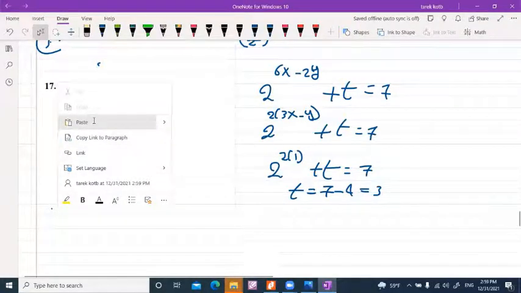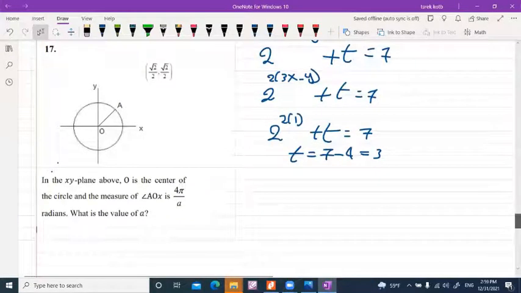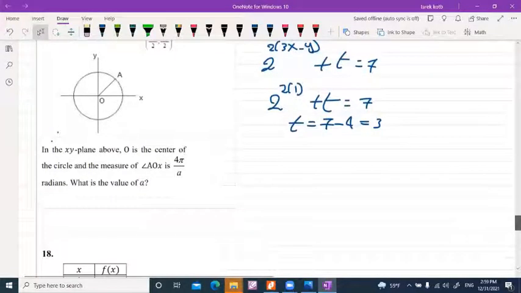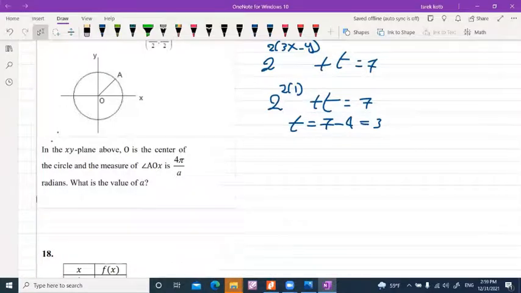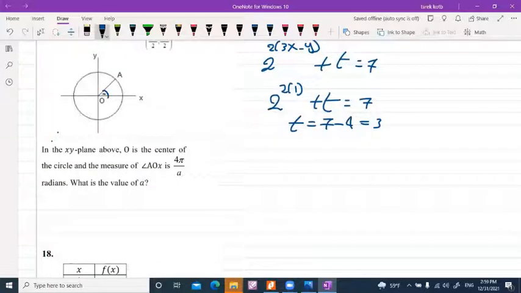And number 17, this circle, the point A has coordinates root 2 over 2, and he's saying that the measure of angle AOX equals 4 pi over A. But you can say that this is root 2 over 2, and also this root 2 over 2.